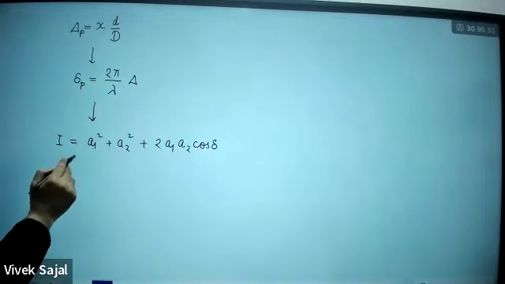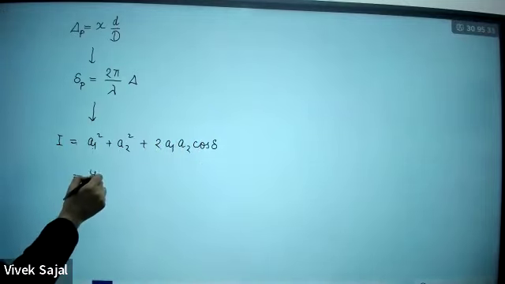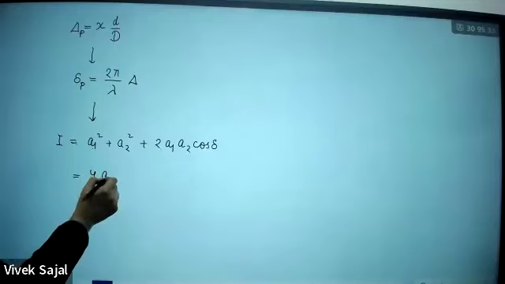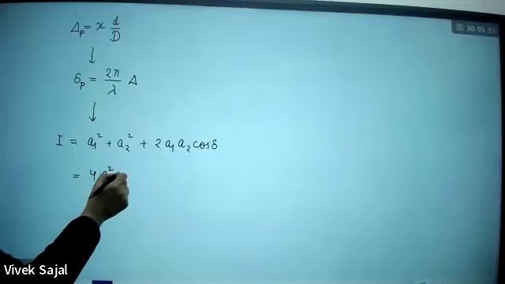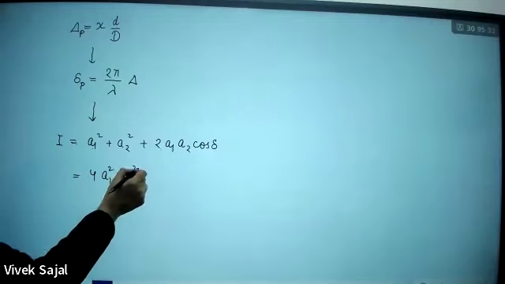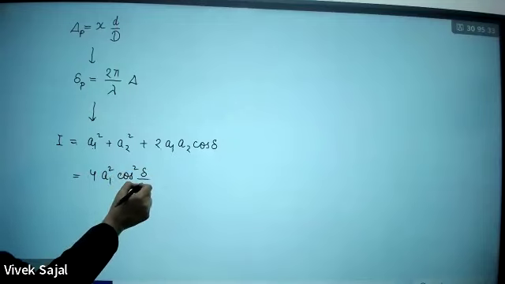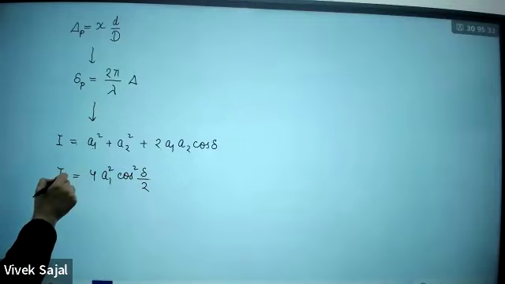If A1 and A2 are equal, then it will be 4 A1 square cos square delta by 2.